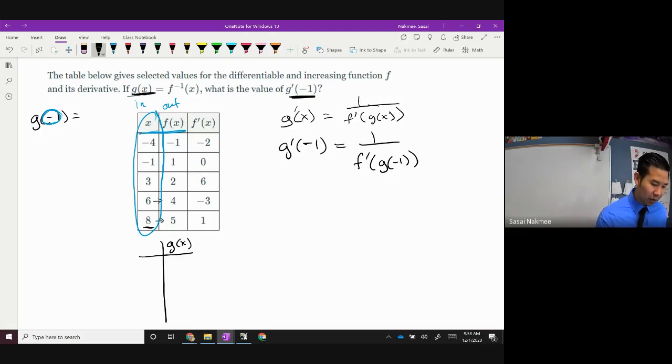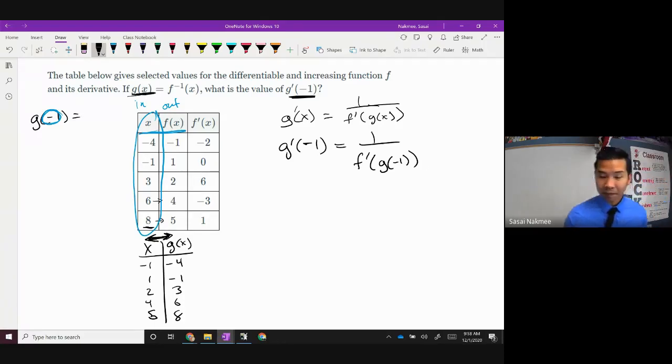If I have an inverse function, it'll switch these columns around. So the inputs will be -1, 1, 2, 4, and 5, and the outputs will be the same numbers swapped: -4, -1, 3, 6, and 8. Since g of x and f of x are inverses, the input and the output switch with each other. You see that?